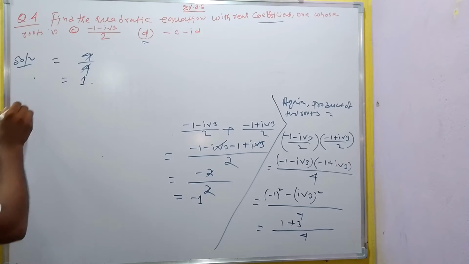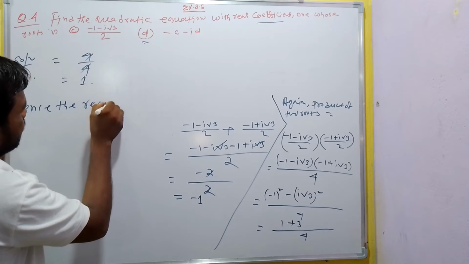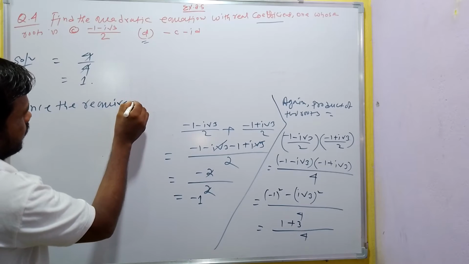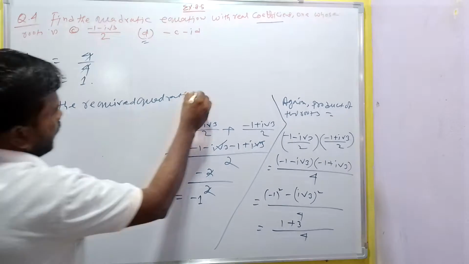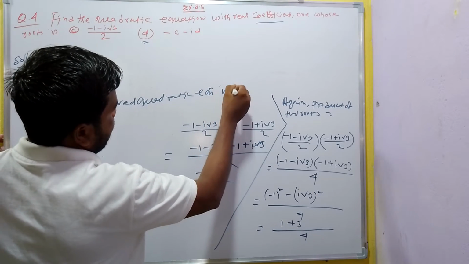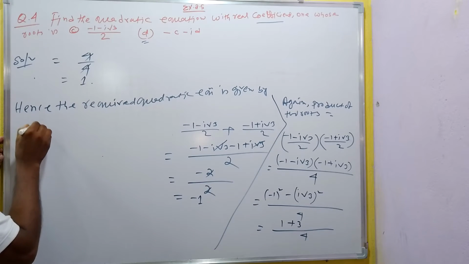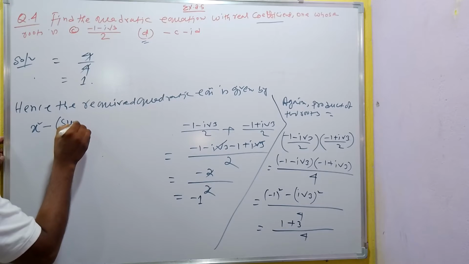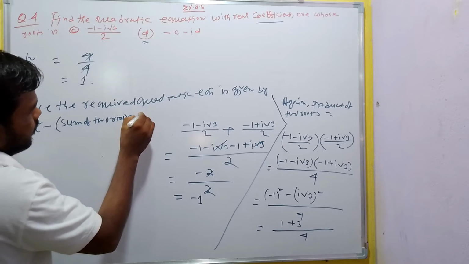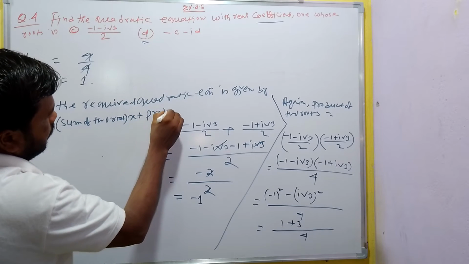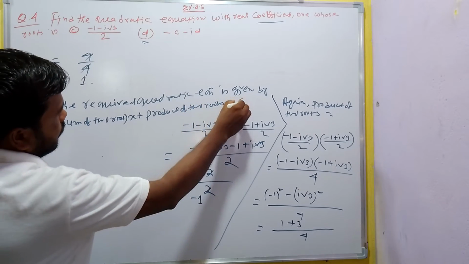Hence the required quadratic equation is given by x square minus the sum of two roots times x plus the product of two roots equals 0.